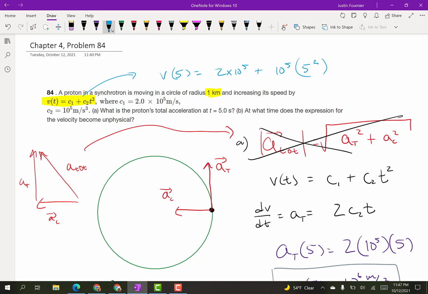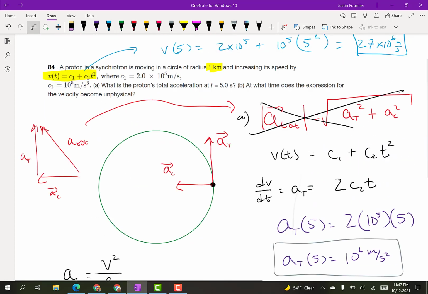So I got 5 squared, that's 25, times 10 to the 5, plus 2 times 10 to the 5, and I'm getting 2.7 times 10 to the 6. So this is a speed of 2.7 times 10 to the 6, which is good. We're still in range, we're not overcoming the speed of light barrier. That's in meters per second.